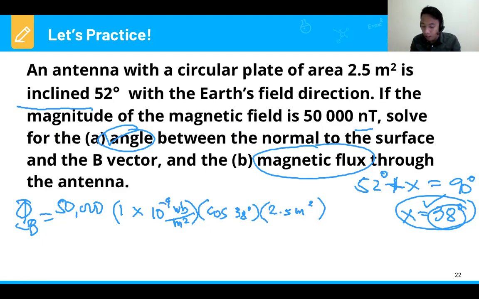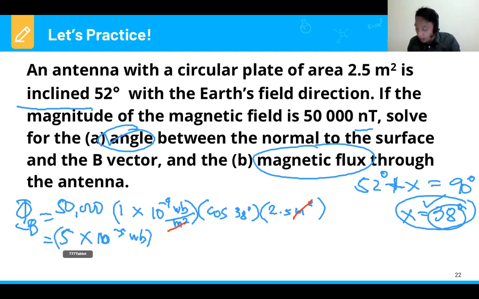So 50,000 multiplied by 1 by 10 raised to negative 9 is 5 by 10 raised to negative 5 Wb. Okay, and here we can now cancel m squared and m squared, right?